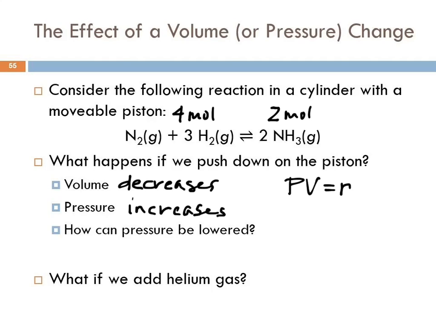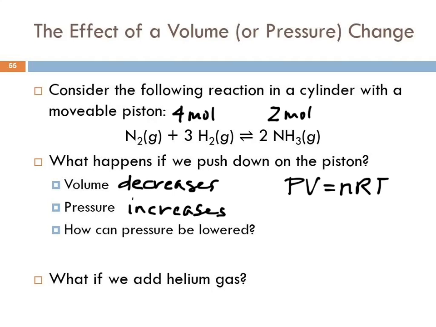PV equals nRT. So we made the volume smaller, the pressure went up. How can we make that pressure come back down? We can change n. So if the reaction goes this way, we make more gas. That's going to increase the pressure. If we go this way towards products, we're going to have fewer moles of gas.